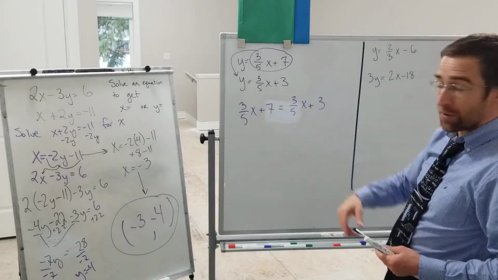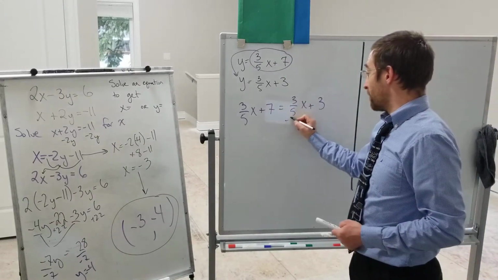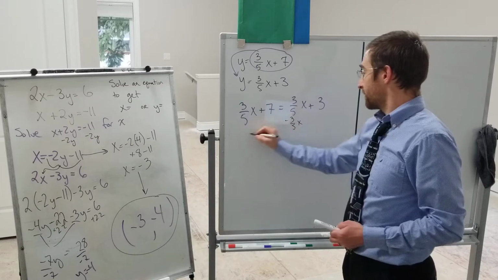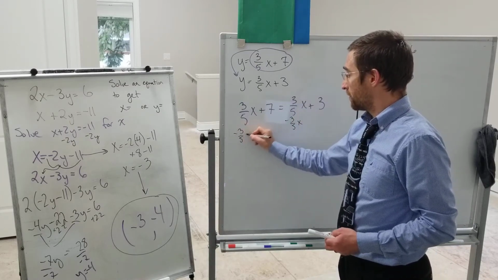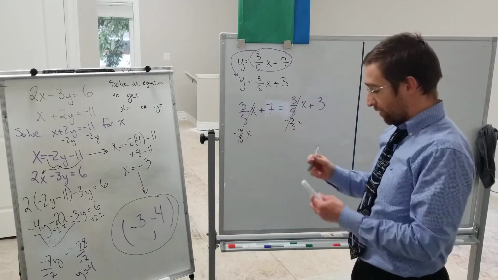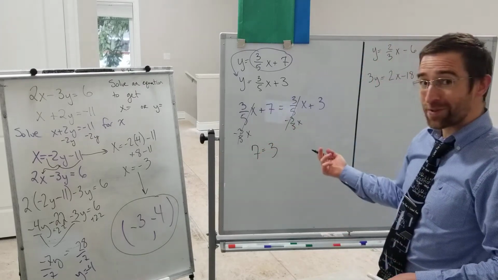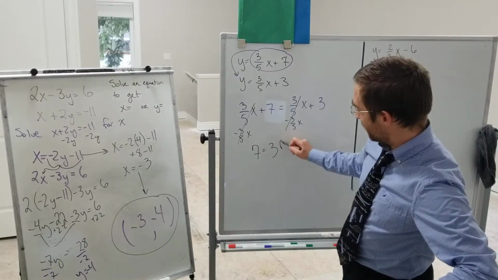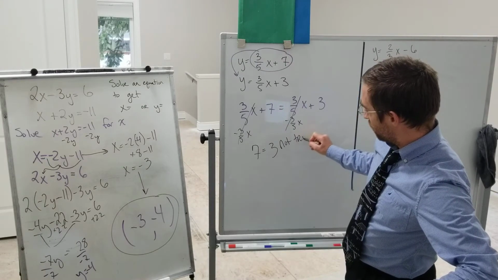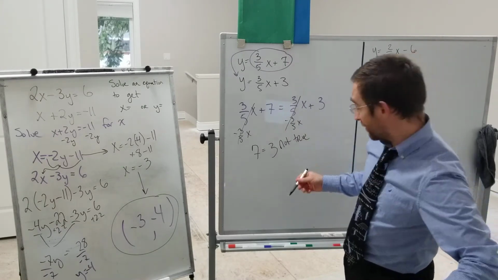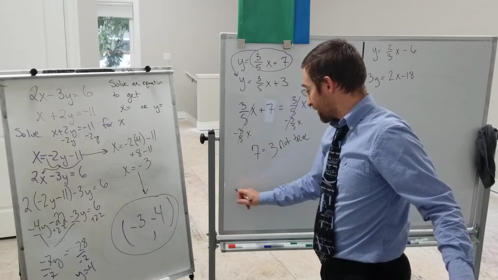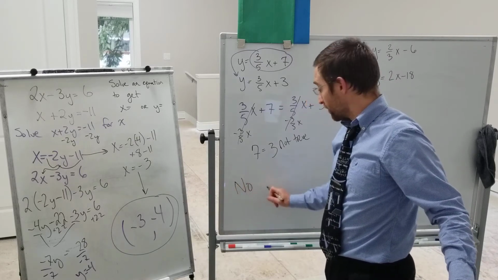We've got variables on both sides of the equal sign. So I'm going to go minus 3/5 x. But that cancels out to 0 on both sides. We get 7 equals 3, which is not true. 7 and 3 are not the same number. So here we say there's no solution.